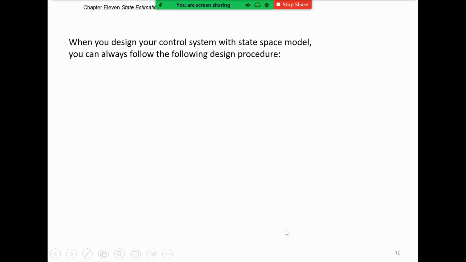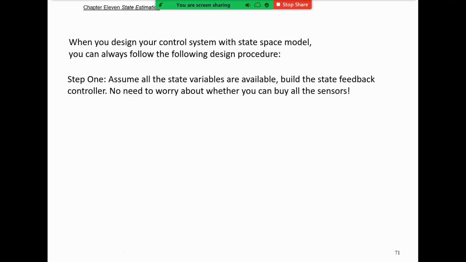All right, now when you design your control system with a state space model, like what you are doing with the mini project, you can always follow the following design procedure. The first one, you always assume that the state variables are available.